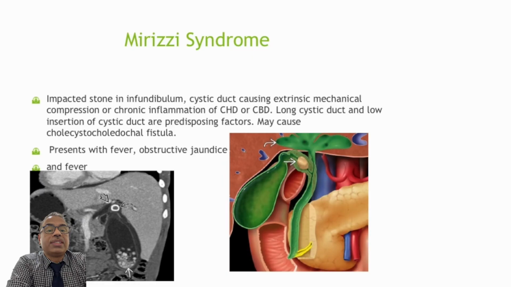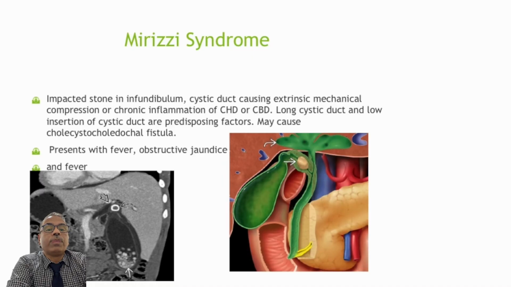Now, as shown in this diagram, this stone, which is of a significant size, may cause mechanical compression of the adjacent common hepatic duct, more commonly, or sometimes common bile duct when there is a low insertion of cystic duct. Because of this mechanical compression, there may be obstruction to the flow of the bile, and this can lead to obstructive jaundice.